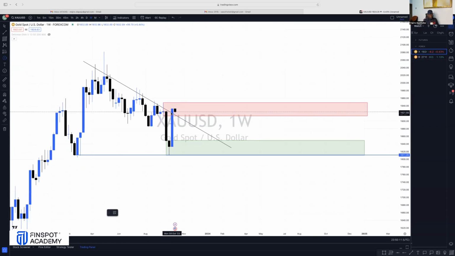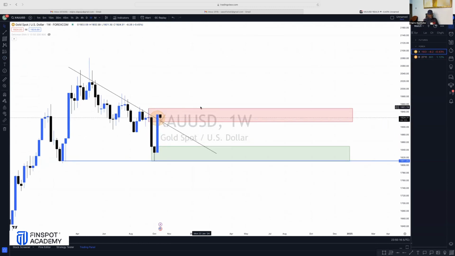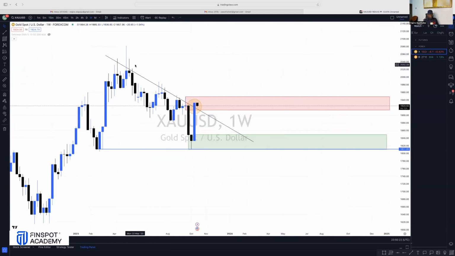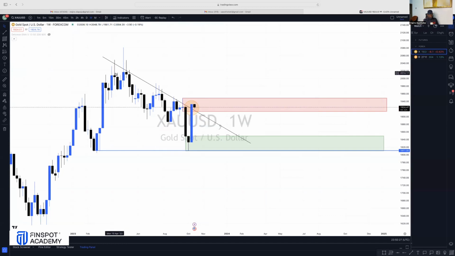So that makes this candle significant. So I am actually hoping that price will respect this and come down. But if it doesn't, then we might be in for some significant move to the upside.